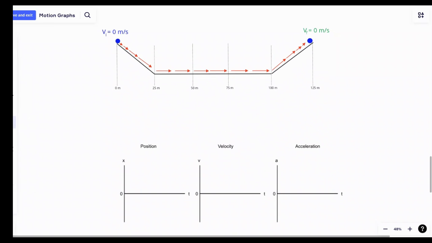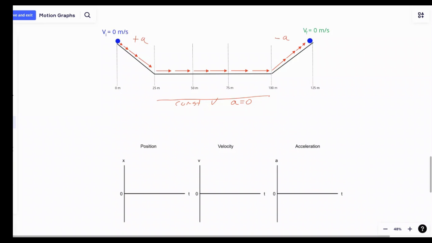Then from 25 to 100, constant velocity, 0 acceleration. And then over here, going up the hill, I have negative acceleration. Right, so I have to draw a graph that's going to show all those different parts.